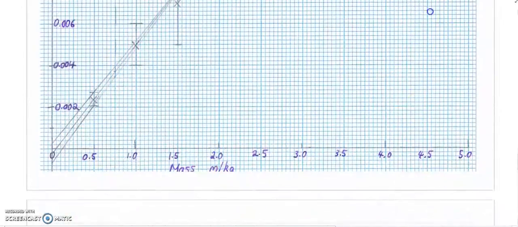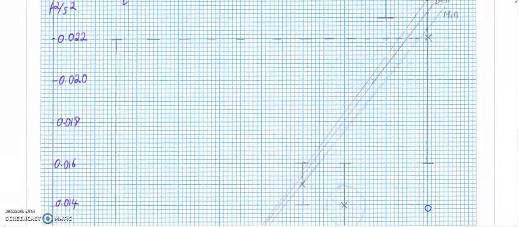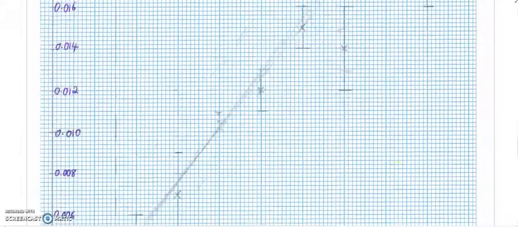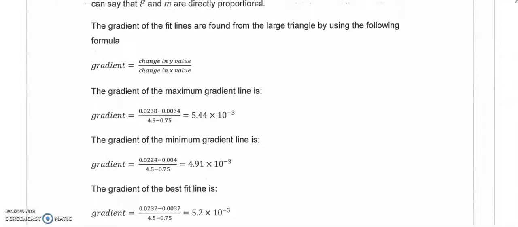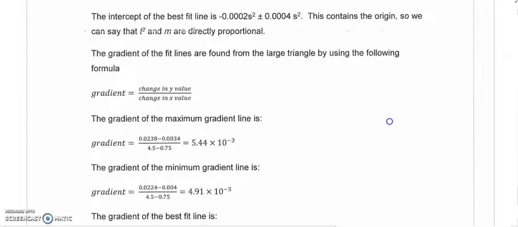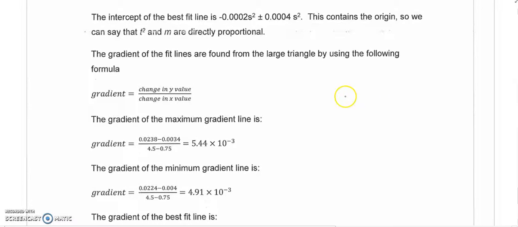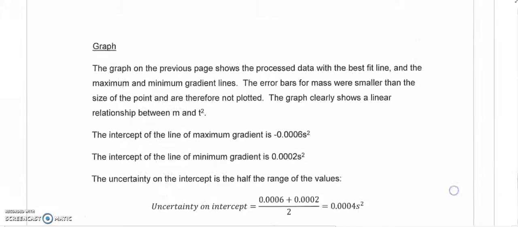Now, there is something wrong on here: I've quoted the gradients but not their units, which is silly of me. The gradient is how much the quantity on the y-axis changes divided by how much the quantity on the x-axis changes.